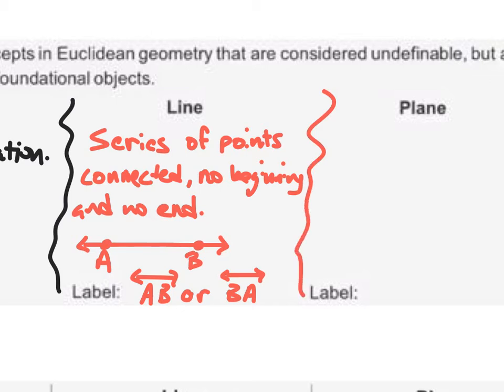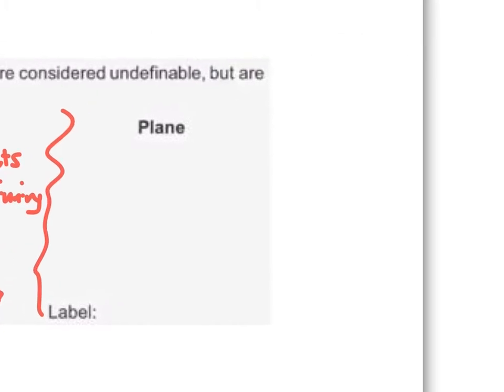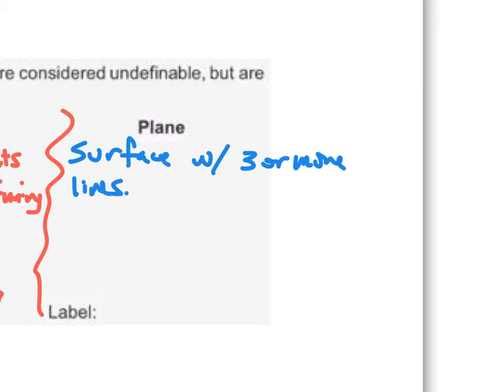Now let's talk about a plane. This is a surface with 3 or more points that defines a plane. If I were to draw a picture here, I draw this little shape so that it's like a view of a piece of paper.